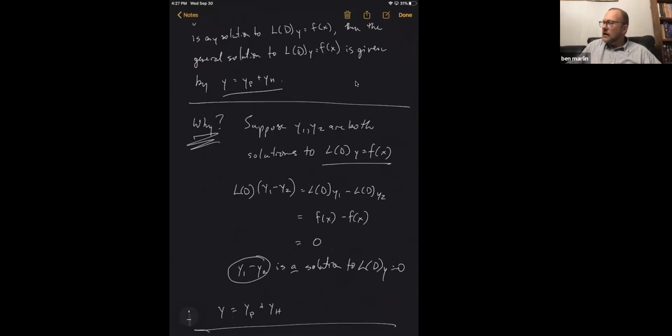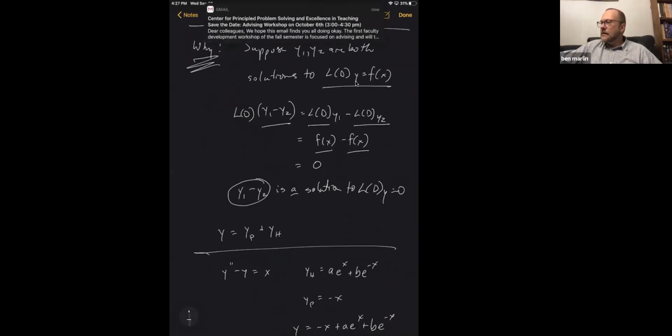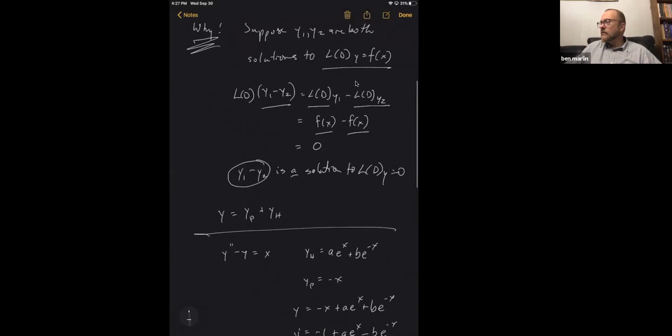So if you take the difference, y1 minus y2, and plug it in with that differential operator, because differential operators are nice, you're able to distribute across that y1 minus y2. And because they're both solutions to the non-homogeneous equation, you get f of x minus f of x, which means you get 0. And that means that your y1 minus y2 is a solution to the L of dy equals 0.